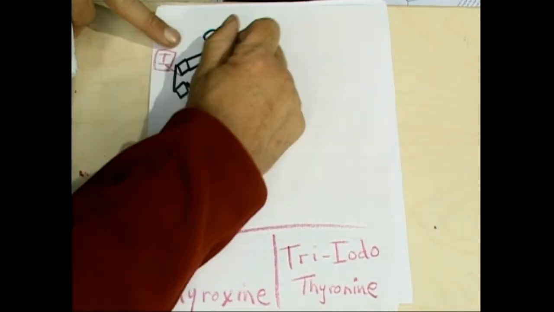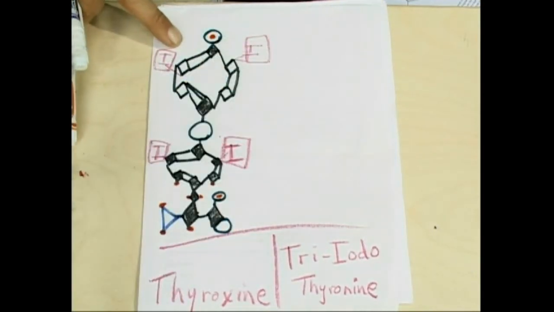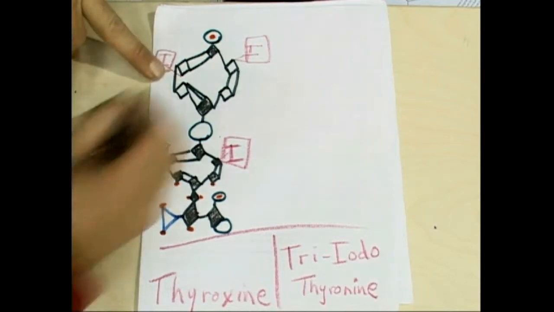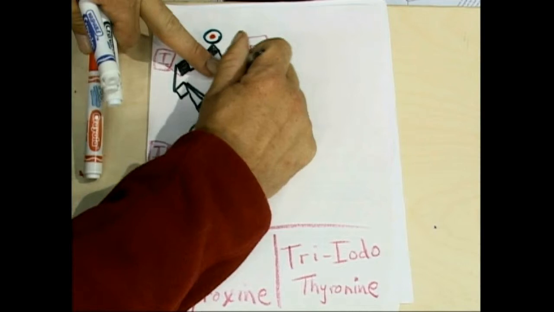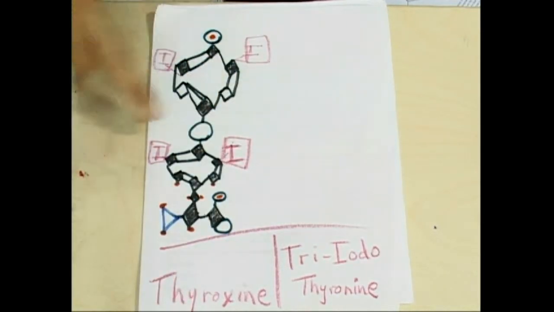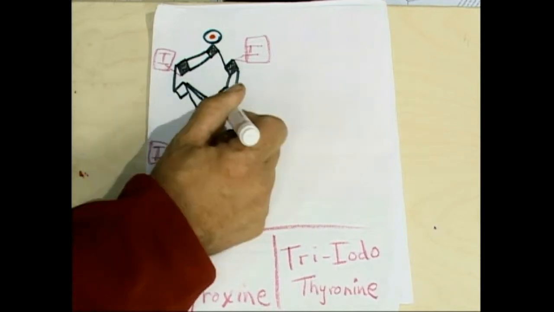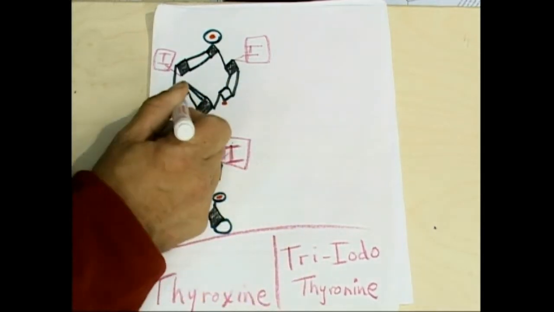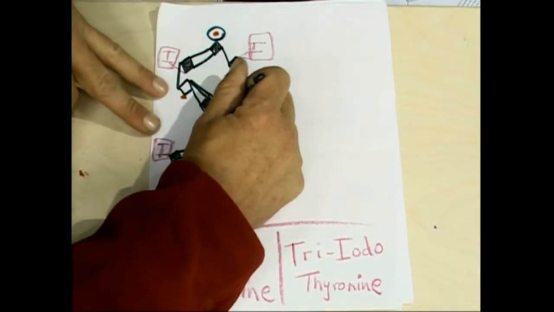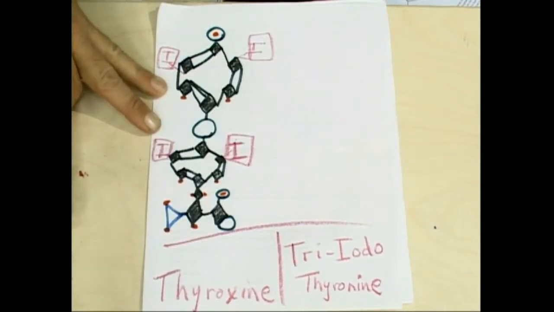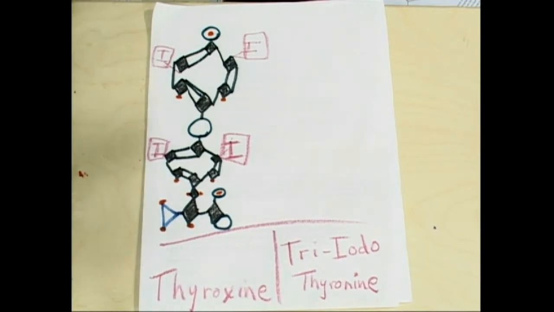Double bond OH, that's 4. 1, 2, 3, 4 on the I. 2, 3. 1, 2, 3. Dot. Dot. So this looks sloppy, but I want to show you how quick you can draw it if you really have to. So if you're taking a test or something.